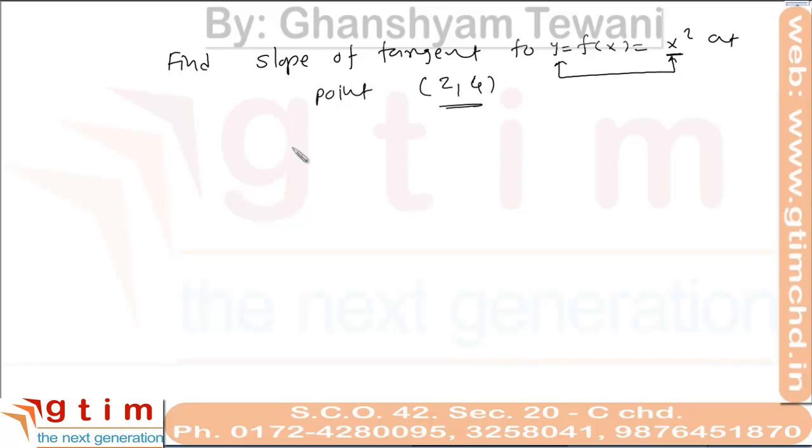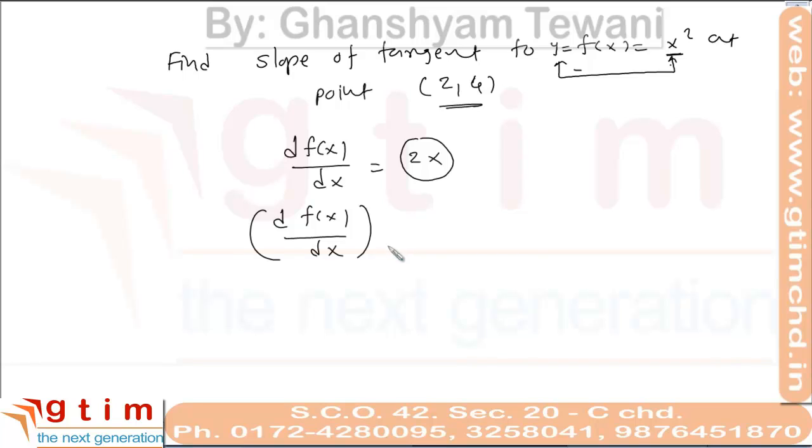Now we have already proved that df(x) by dx is equal to 2x. This is the formula for finding the derivative or slope of the tangent to this curve for any x. Now we want this derivative at x is equal to 2. So when I put x is equal to 2 here, I get the value 4. Now this 4 is actually what?